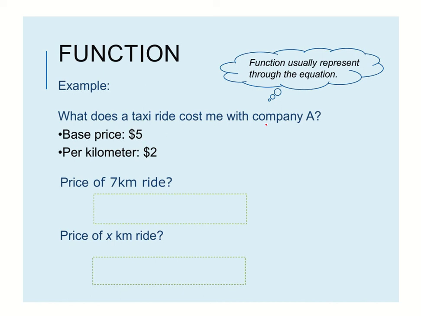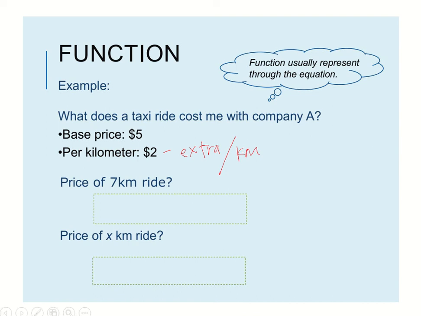Even if you get in and then say you don't want the ride and get down, you have to pay the base price, which is $5. And for each kilometer traveled, you have to pay extra, so this is the payment per km.